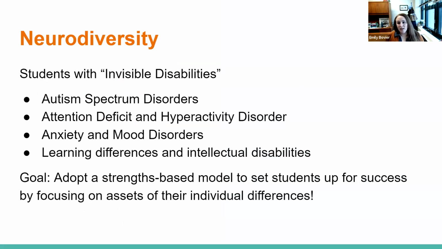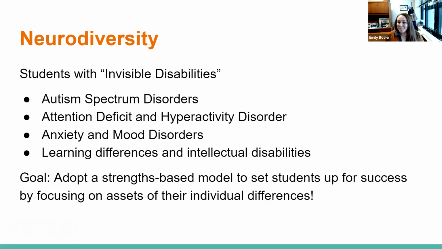There is also some language in the field now that's considering anxiety and mood disorders as falling under that blanket of neurodiversity. So this includes things like generalized anxiety disorder, depression, bipolar disorder. And then you have other conditions that are more traditionally known as disabilities, quote unquote, and that's any learning differences or intellectual disabilities.